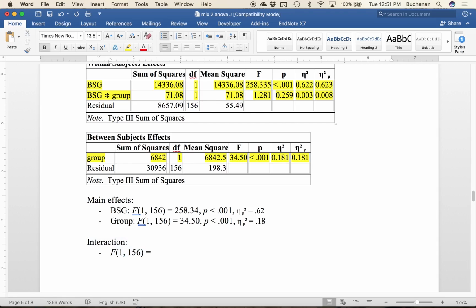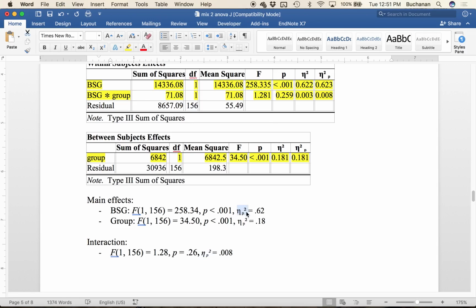That F value is 1.28. Our p-value is 0.26, so it is not significant. Copy my symbol here. And this eta squared is 0.008. I could round up, or I could just say 0.008. You can use 3 decimals when they're really small like that.